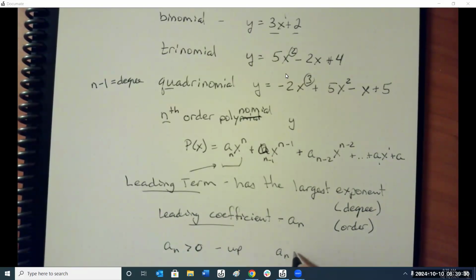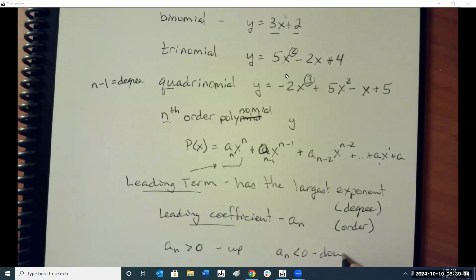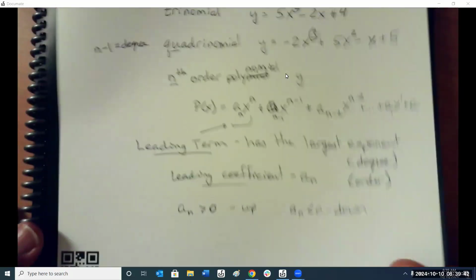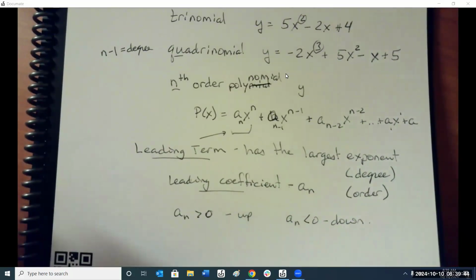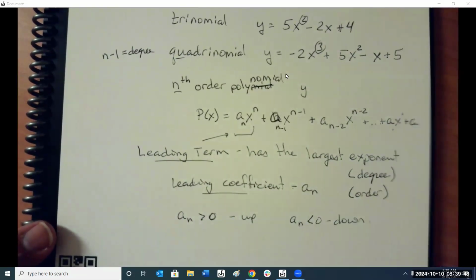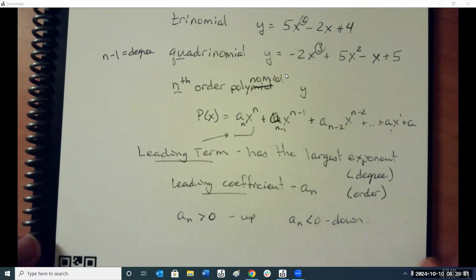If the leading coefficient is negative, it goes down. Actually, it goes a little bit more to it than that, because now we have a lot more to look at, depending on the degree.